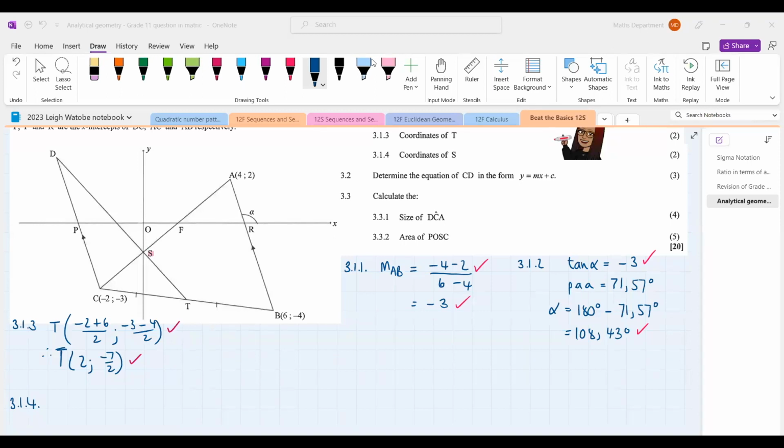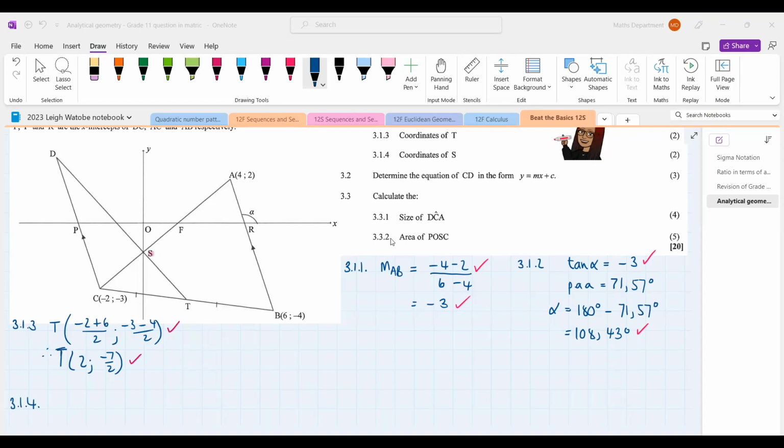Good, well done. That is the answer for 3.2. Shisana, that's right. So Pinga, you can start thinking about 3.3.1.